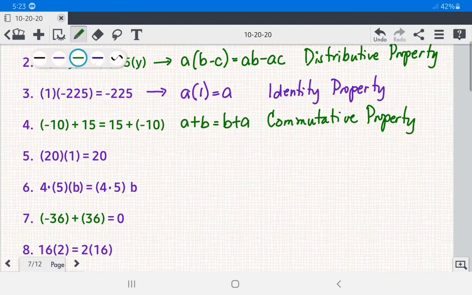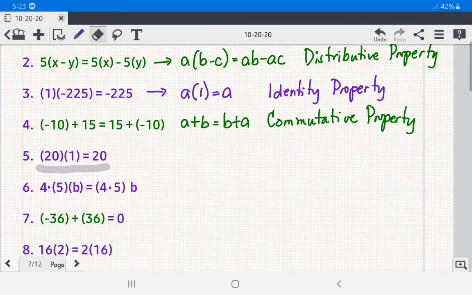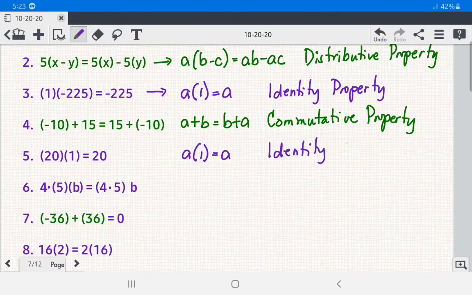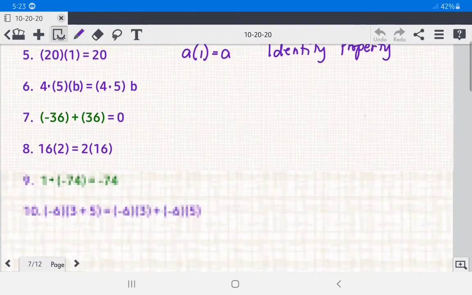The next, number 5, we have 20 times 1 is equal to 20. So, number 5 is an identity property because if you have A times 1, this is equal to A. So, again, this is identity property. Next, number 6.